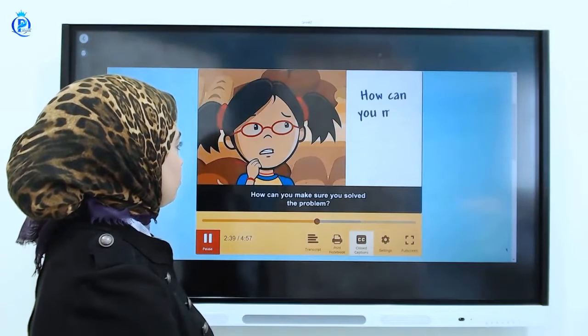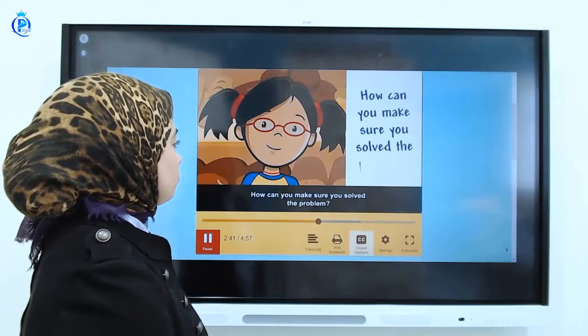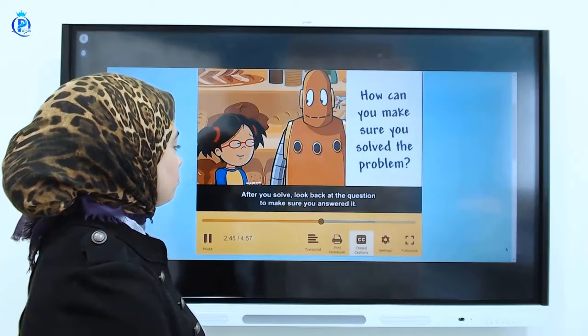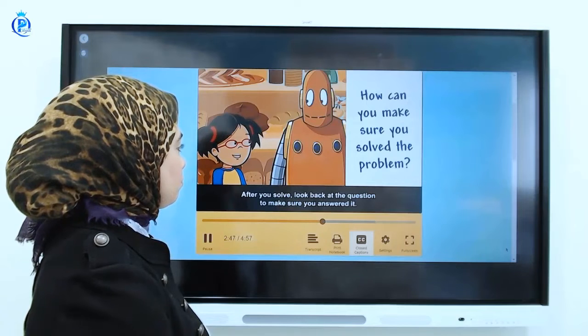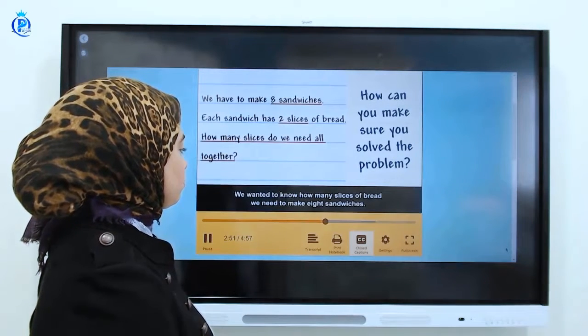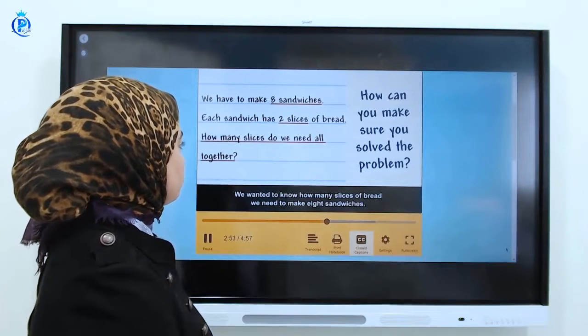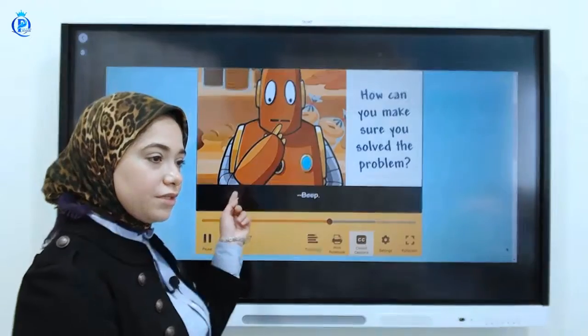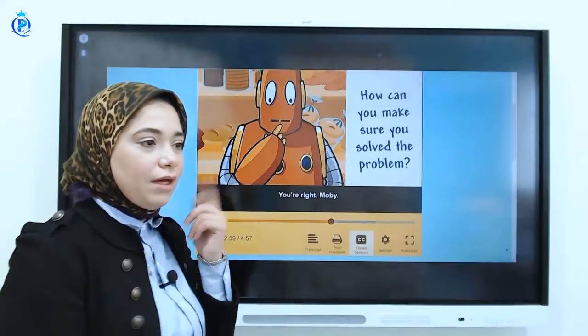How can you make sure you solved the problem? After you solve, look back at the question to make sure you answered it. We wanted to know how many slices of bread we need to make 8 sandwiches. I think we need 15 slices. Is it 15 slices? Think about it.